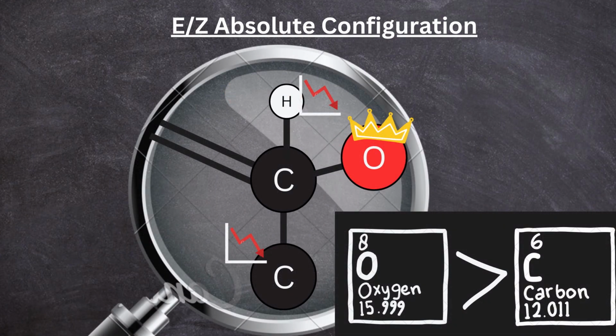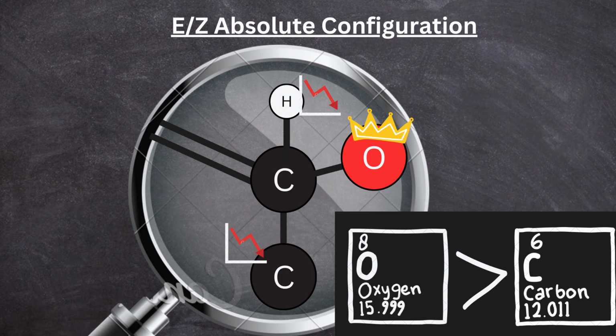Here we have an oxygen atom and a carbon atom. Again, hydroxyl, here we say that it is attached to the oxygen, not the hydrogen. The hydrogen goes later in the chain. So oxygen is heavier than carbon, and therefore it is the priority group.